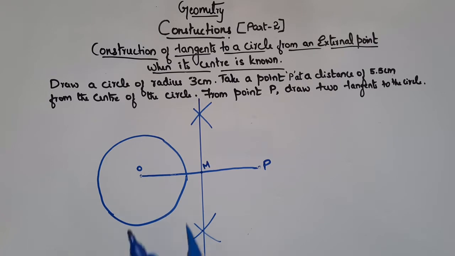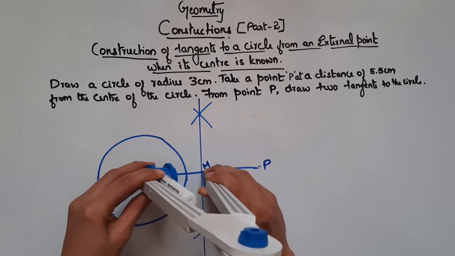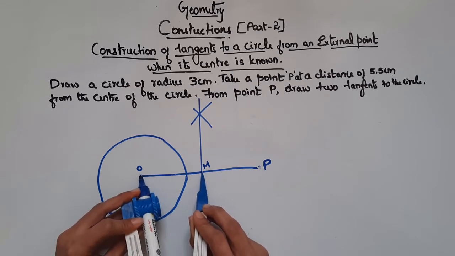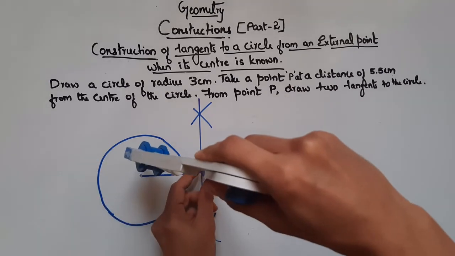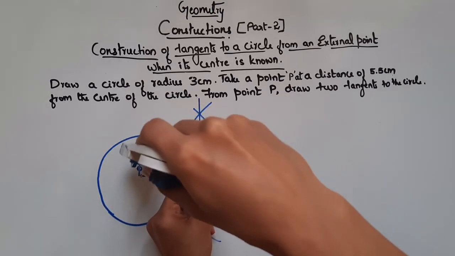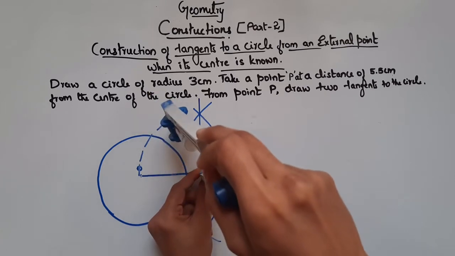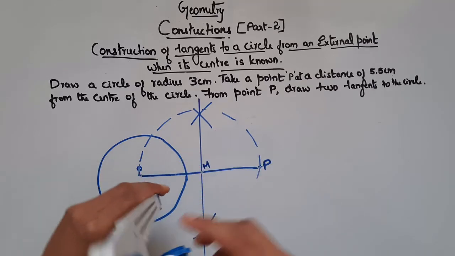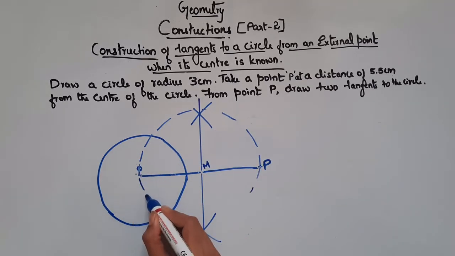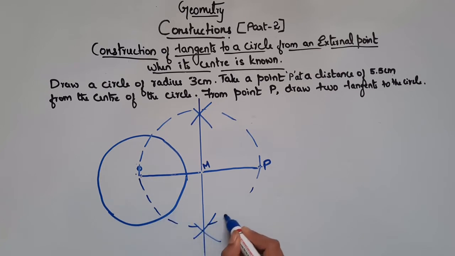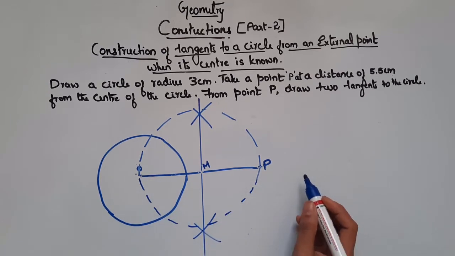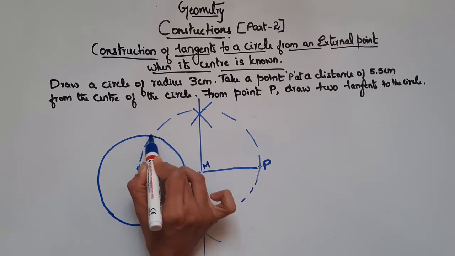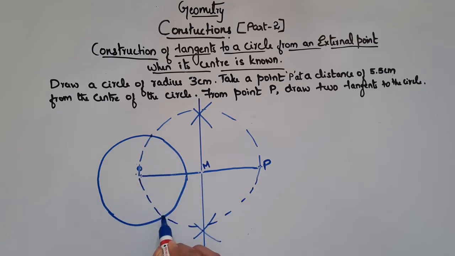Now you will keep your compass at this midpoint and taking this as radius, you will draw a circle like this. So let me draw freehand. Alright. So this circle intersects the given circle at this point, right? And here at this point.